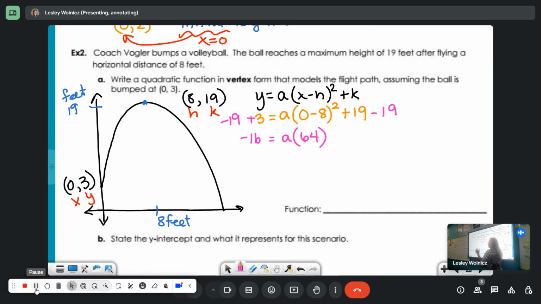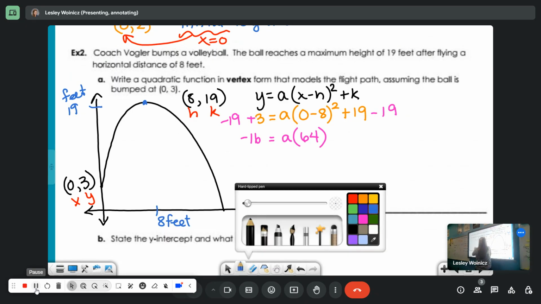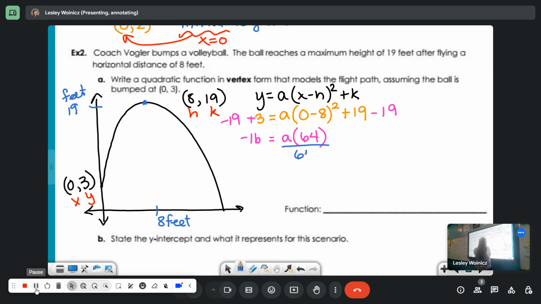Otherwise, this parabola will open up and it will not describe the physical phenomenon that we experience on this earth. Okay, what do I divide by? 64. Okay, so pretend you don't have a calculator. What common factors do you know that 16 and 64 have? 8.